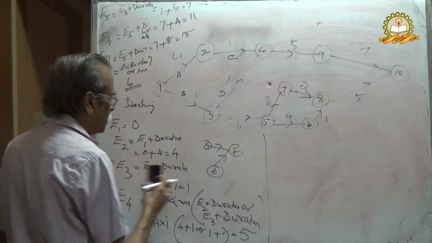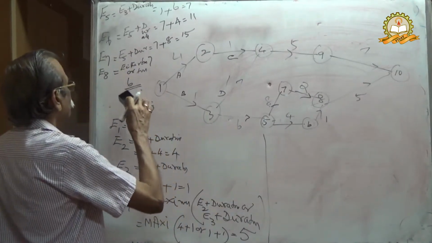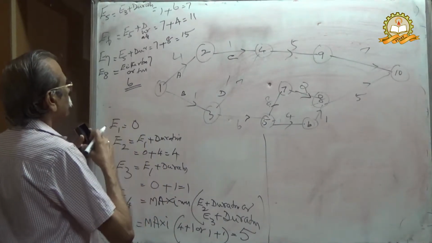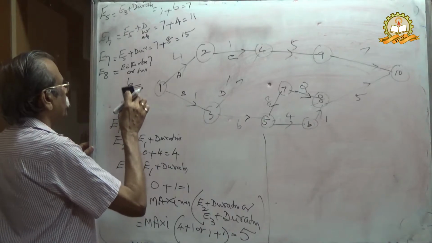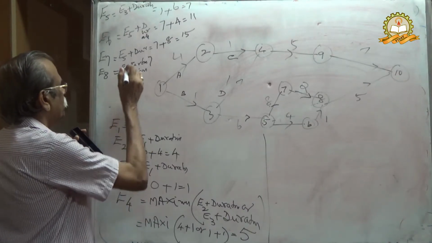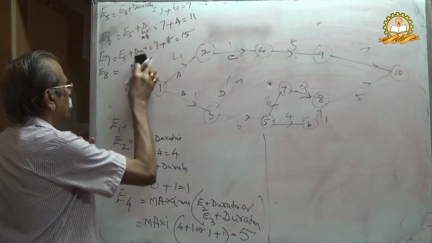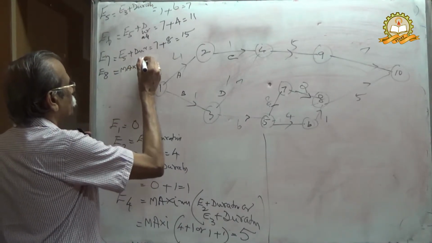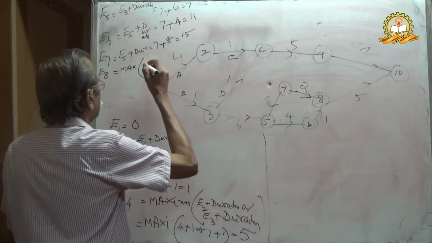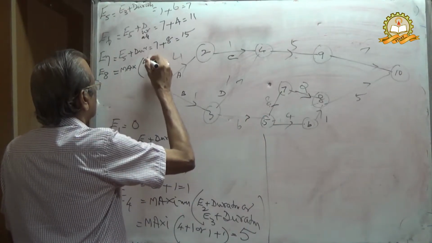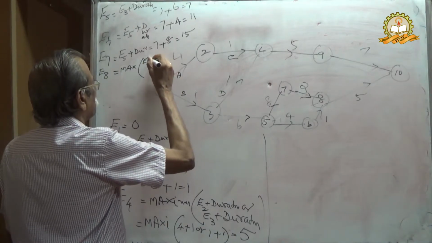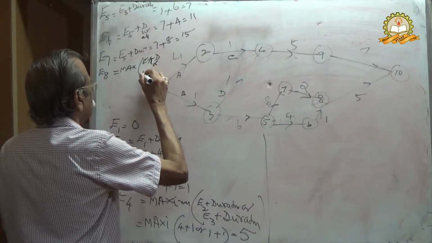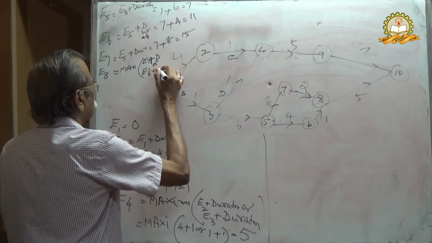Therefore, E8 will be equal to a concurring point. You can write E8 equal to the maximum of E7 plus duration, or E6 plus duration.